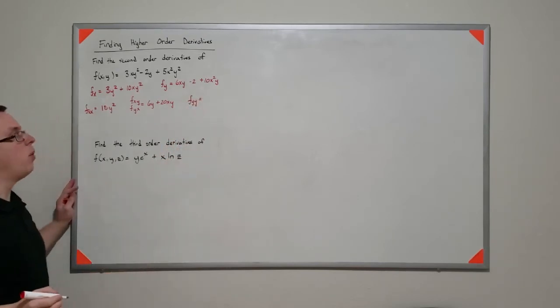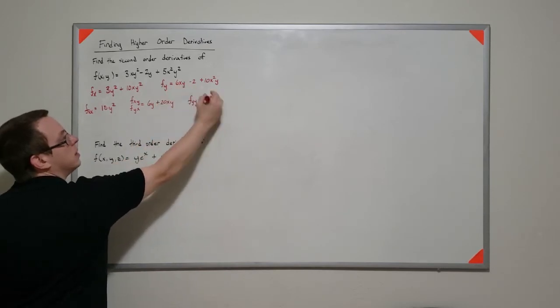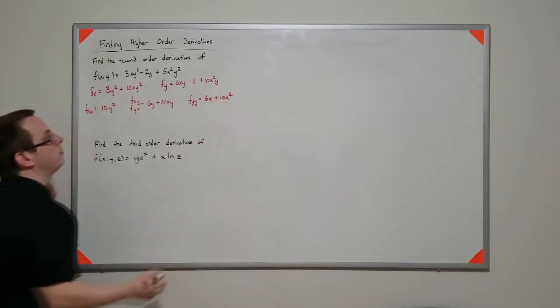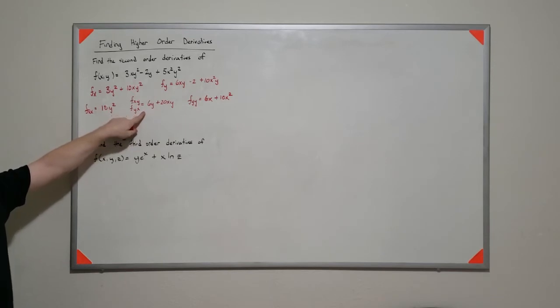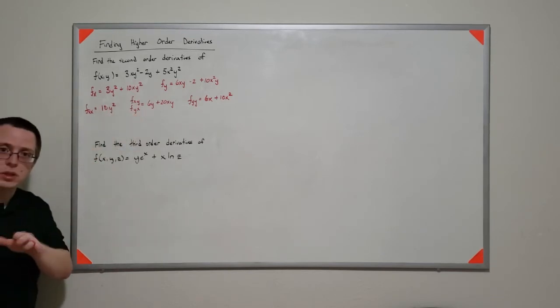And then if I do fyy, I get 6x, that's 0, plus 10x squared. So these are different, but these were the same. And that's those second order derivatives.